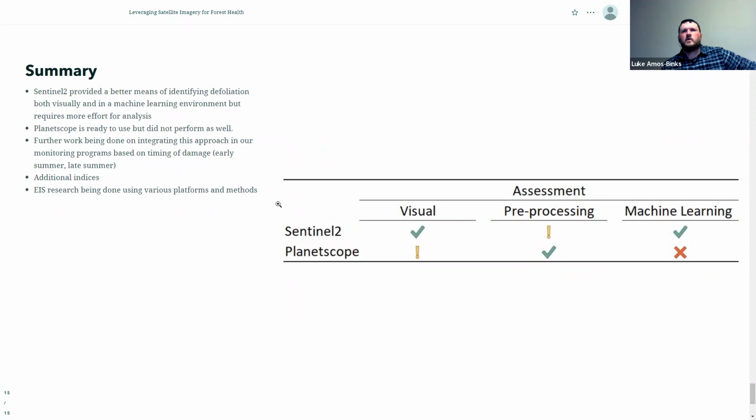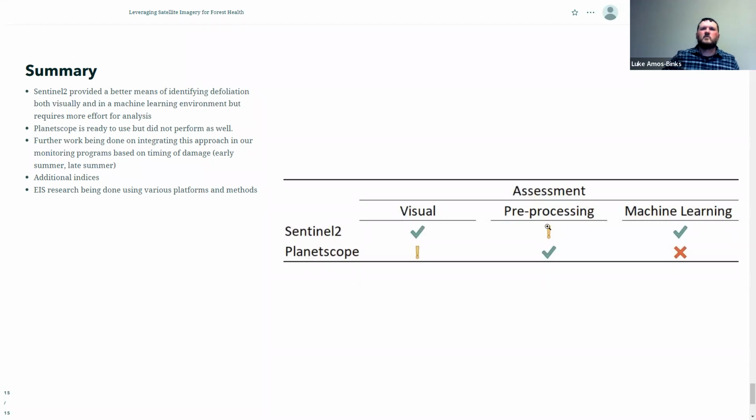So in summary, I have this table, our rough evaluation of the two products. Sentinel-2 was fairly easy to see defoliation visually. It does require a little bit more processing and downloading.